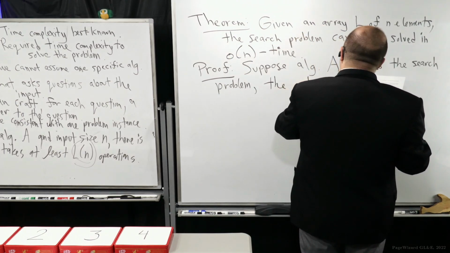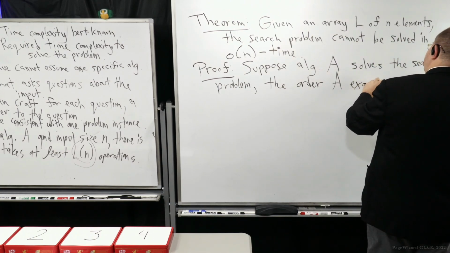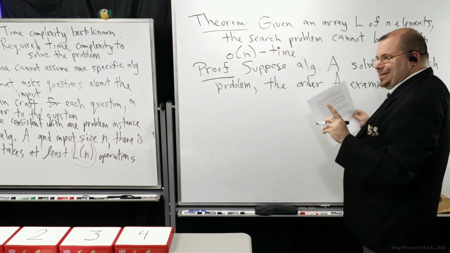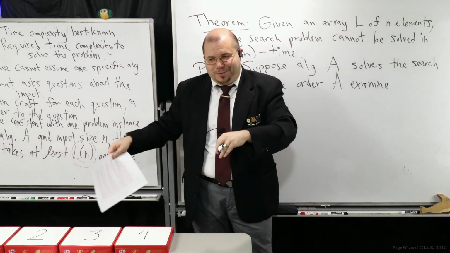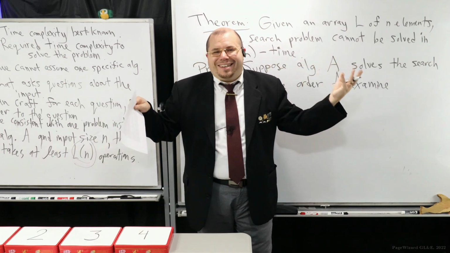So the order A examines elements. Now I must stress that these are just the order we examine the elements. It may not be exact, like they may consider multiple elements over and over again, but these are the order the elements are first considered, okay?